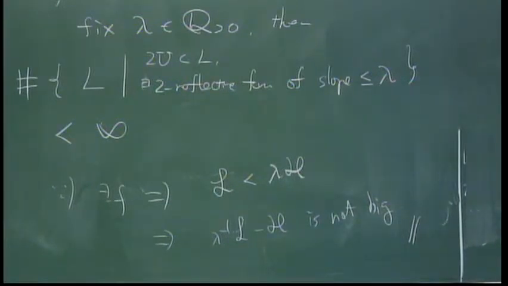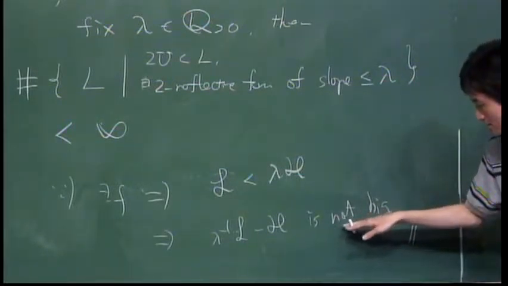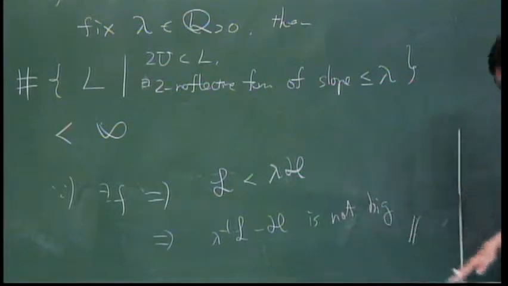And this is effective. So there's a function on n such that if the determinant of the lattice exceeds this value, then this divisor is always big.